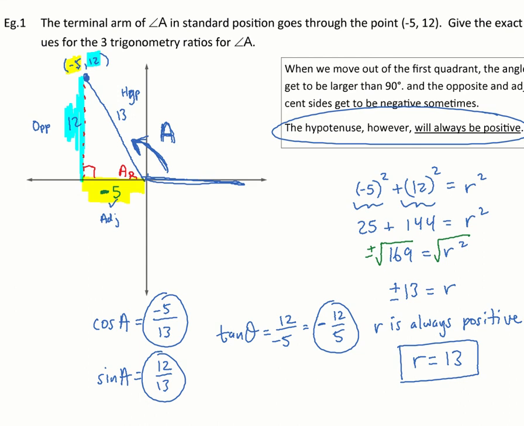Well, you can see that since the x side, the yellow side, is negative, any trig function that uses that side is going to affect the sign. Okay? So this kind of begins to explain why some of the trig functions are positive in places and sometimes they're negative in places. Okay?